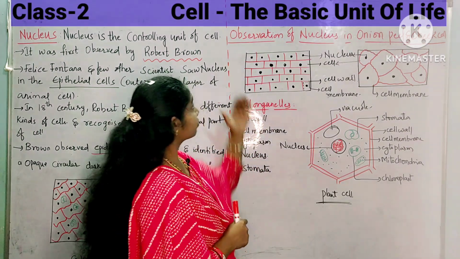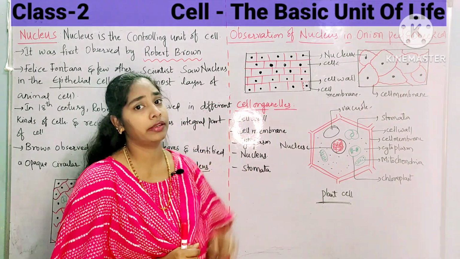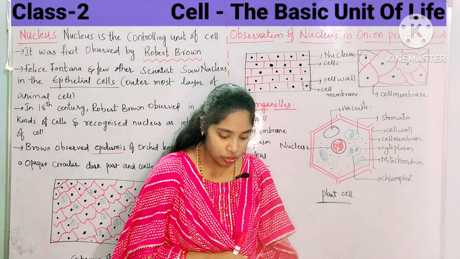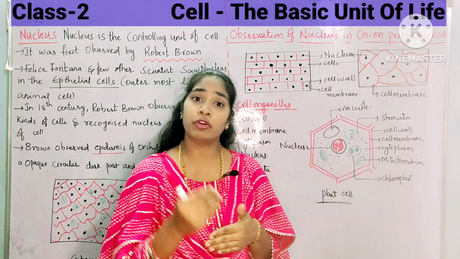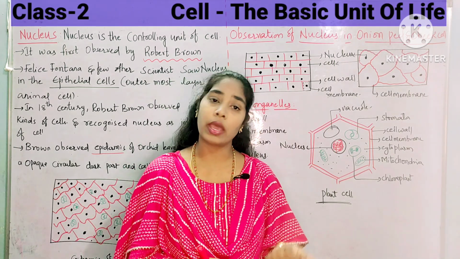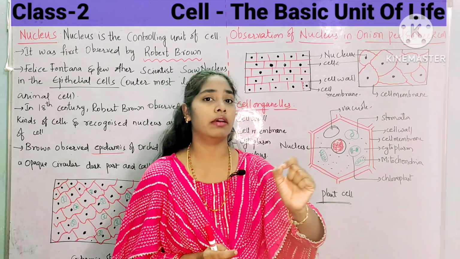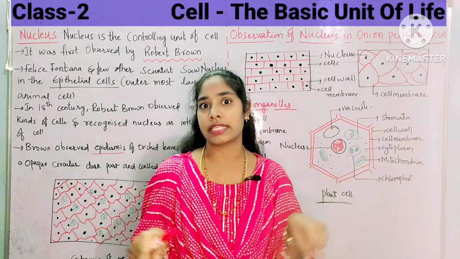The next activity given in the textbook is observation of the nucleus in onion peel and cheek cells. We already performed this activity in the last class, but once again, to observe the nucleus, they have specially given this activity.